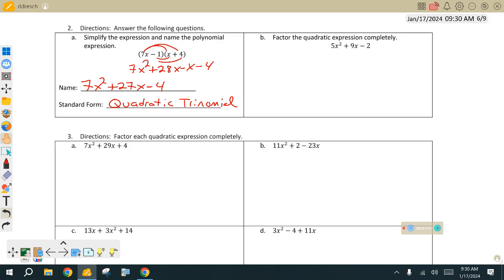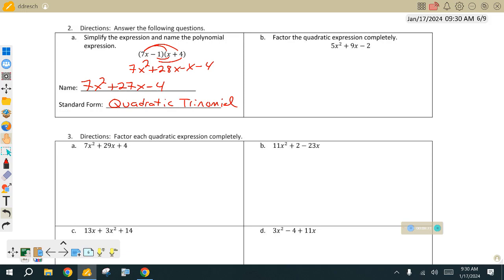Maybe it's going back to what we did yesterday. It just depends on what's in front of you. But as we work through here today, let's get going. How in the world can we factor that 5x squared plus 9x minus 2 such that it ends up looking like those two binomials? So let's go through and talk about that.